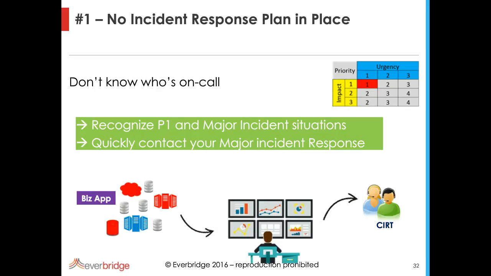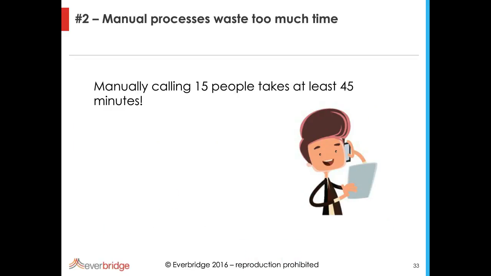Number 2, we see when we talk to IT organizations and IT support teams that sometimes there are just too many manual processes. And because of that, they're wasting a lot of time. If you're trying to get on the phone, get on a conference bridge more than 10 people, because you need a DBA, you need a network engineer, you need a few Java developers, someone from NOC, your incident manager, and so on and so forth, to get to 10 people.